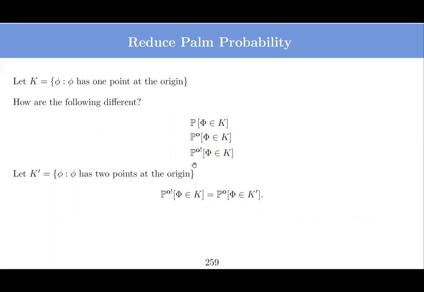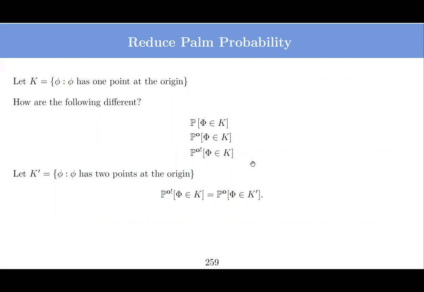Now, given that there is a point at the origin, what is the probability that Φ, without considering that point, has one point at the origin? This means that if you consider that point, there will be 2 points. So, given the condition that there is a point at the origin, what is the probability that there are a total of 2 points at the origin, or one extra point at the origin?